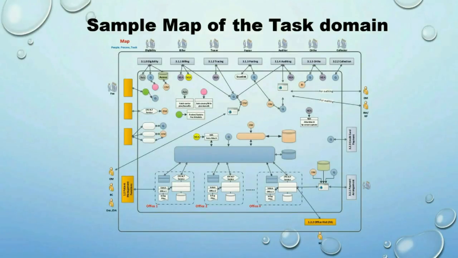This is the map of the task domain I developed for the DSO case. Essentially we're looking at three parts here, separated by two boxes. Outside all the boxes are the people. These are the business teams that are charged with certain specific tasks.